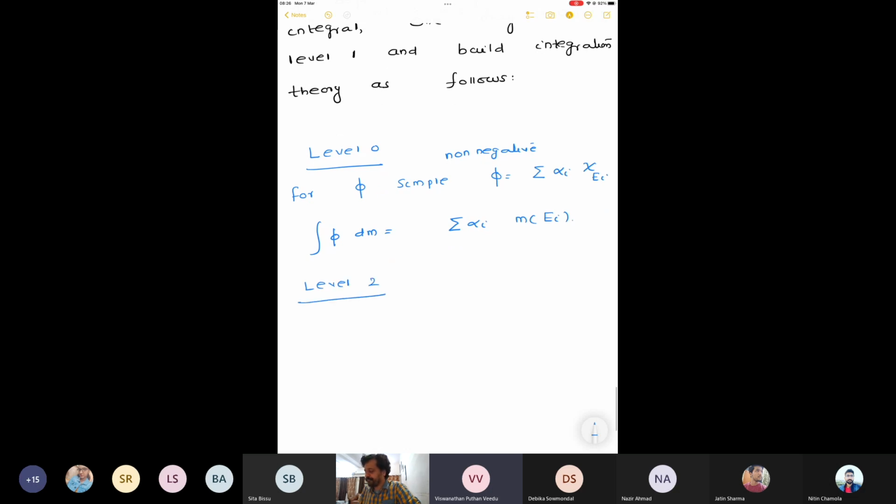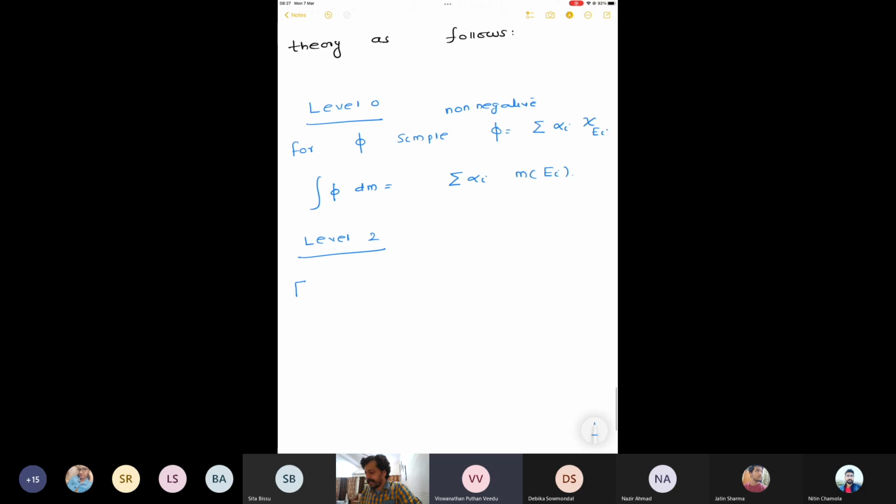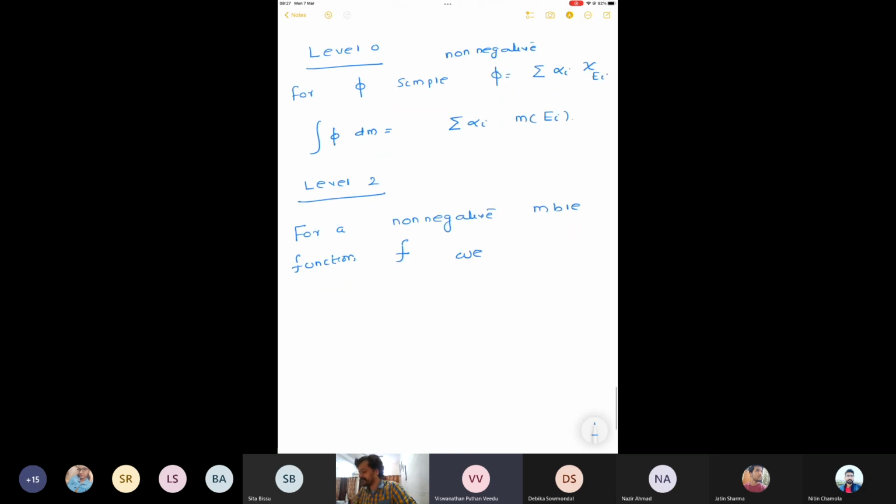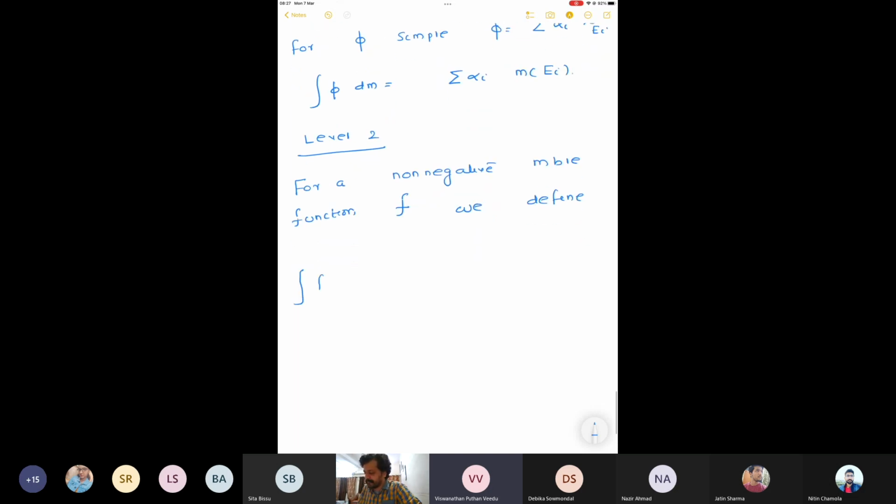Level 2, for a non-negative measurable function f, we define the integral of f dm equal to, can you guess?